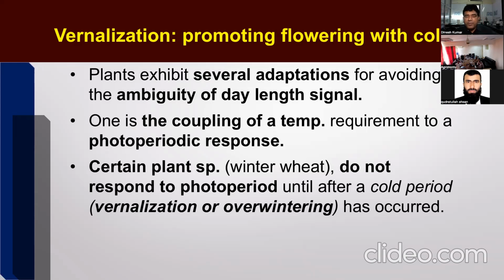In Europe, wheat takes 10 months' time. It is called winter wheat. Sowing is done in the month of October, and then it will not do anything. The wheat seed will remain in the soil.